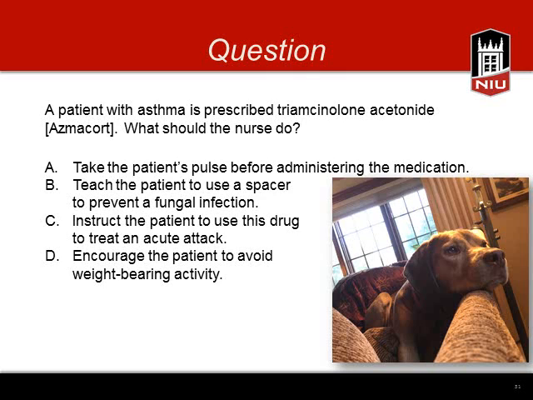It's our beta adrenergic agonists that cause tachycardia, and they are also used to abort acute attacks. And patients taking glucocorticoids or inhaled corticosteroids should engage in weight-bearing activities to prevent, unlikely, but prevent osteoporosis. Again, this is a maintenance drug. This is not utilized to treat an acute attack.